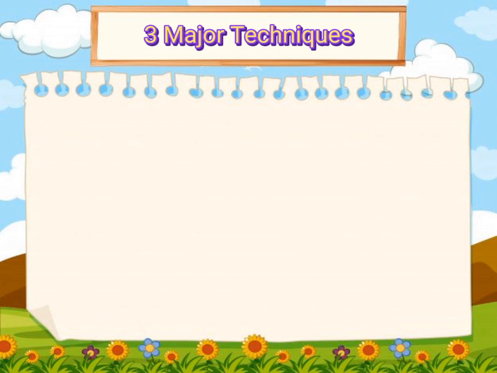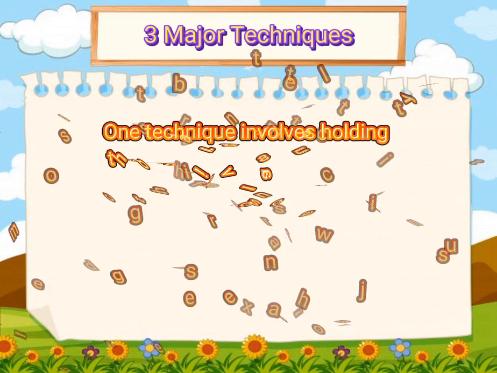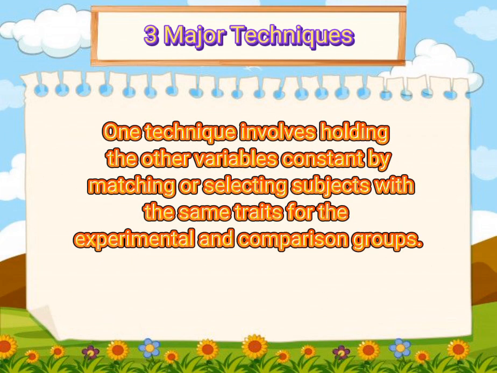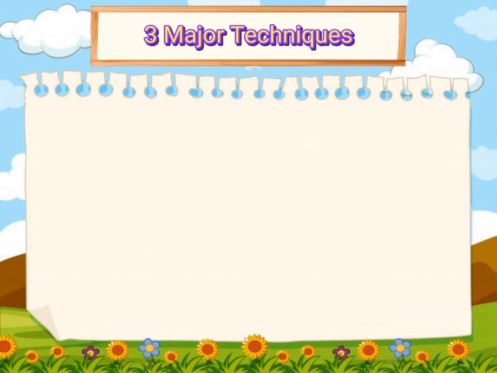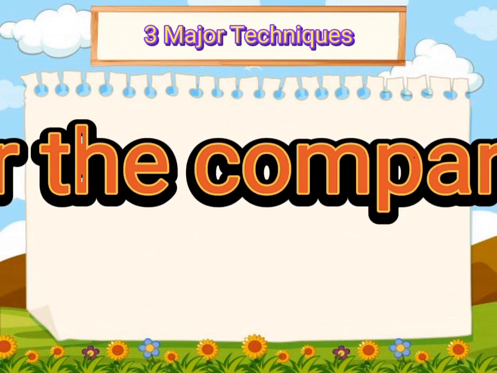There are three major techniques for controlling the influence of extraneous variables, two of which are intended to equate the experimental and comparison groups prior to the experiment. One technique involves holding the other variables constant by matching or selecting subjects with the same traits for the experimental and comparison groups. Another is to select a comparison group that is quite similar on all characteristics or variables that are relevant or capable of affecting the dependent variable.